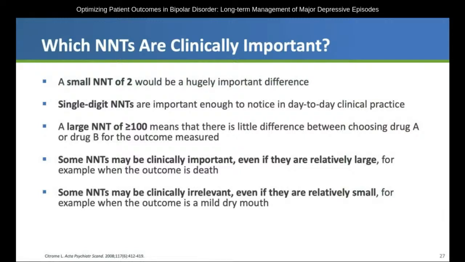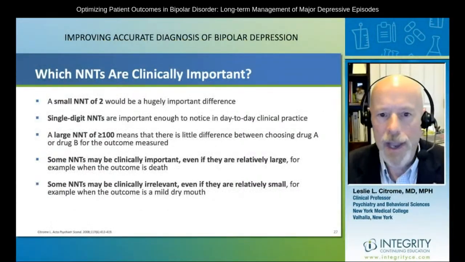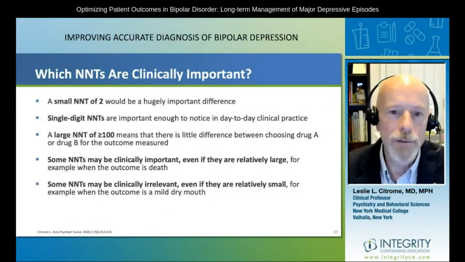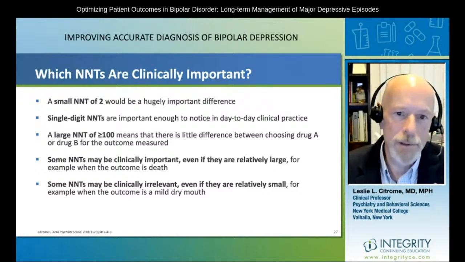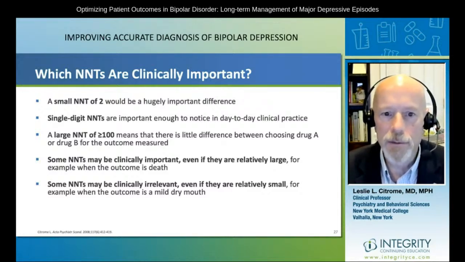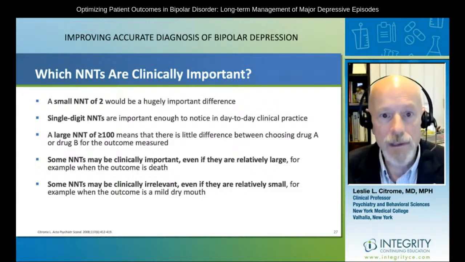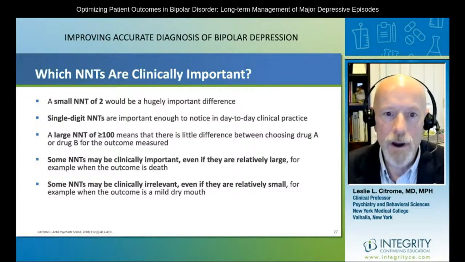Well, it means it took 100 patients to see a difference when selecting A versus B for the outcome we're interested in. Let's say you have a randomized controlled trial of drug versus placebo and the NNT was 100. Means you have to randomize 100 people to the medicine versus placebo before expecting one additional responder. Well, I would say that's a useless medicine if it comes to response.